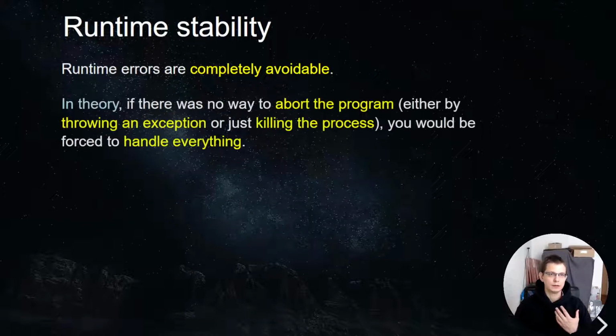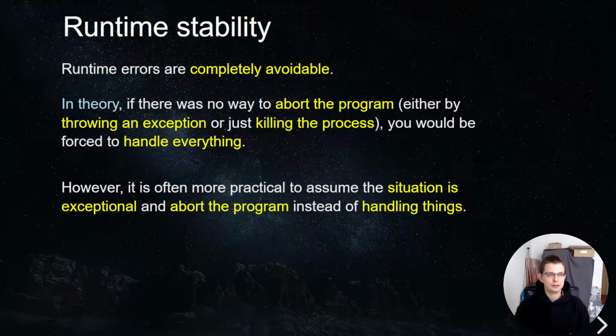And in theory, runtime errors are completely avoidable. If there was no way to abort the program by throwing an exception or killing the process, you would be forced to handle everything. Like if there's no escape hatch in the middle of the program, you have to handle things.